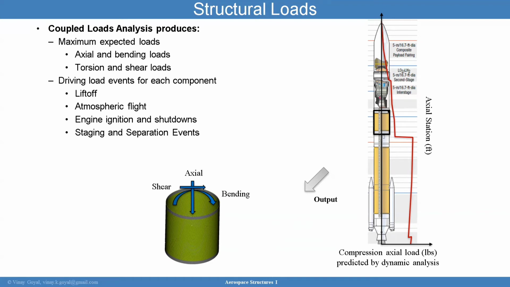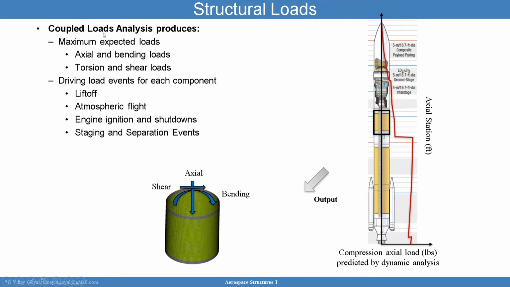And those can be derived using analytical engine simulations, knowing the engine parameters and how much you're allowing dispersions there. So I want to point that out because I forgot to cover that aspect. But engine ignitions and shutdowns can play a big role in the staging and separation events as well.